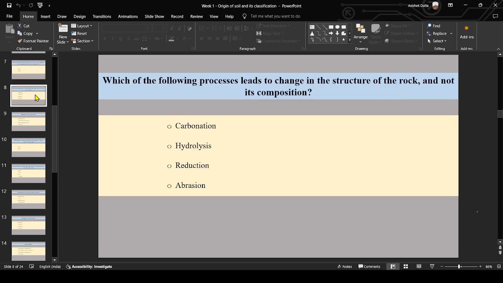Which of the following processes leads to change in the structure of the rock and not its composition? The options are carbonation, hydrolysis, reduction, or abrasion.